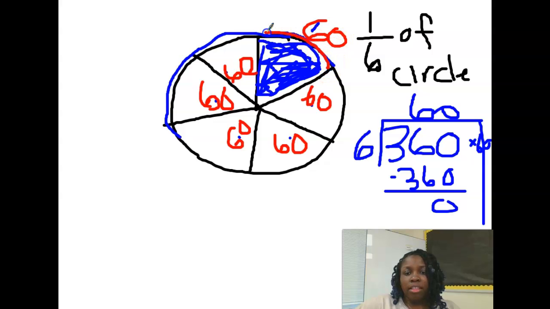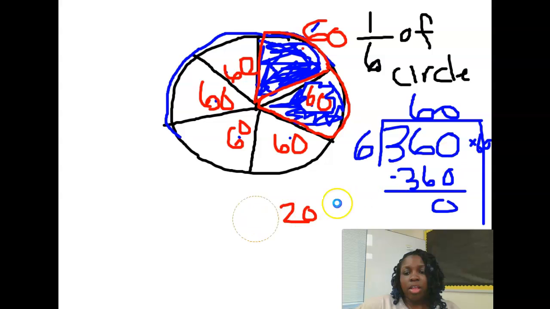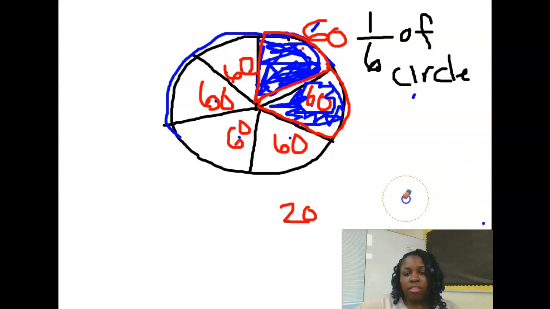So if I say what is 1/6 of a circle, you can say that is 60 degrees. What if I say what is 2/6 of a circle? How many degrees would you say it is? Good, that's 120 degrees, because 60 plus 60 more is 120. What if I want to know what is 4/6 of a turn?